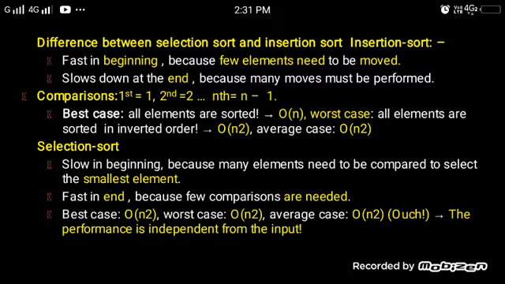In the best case, all elements are already sorted, which is order of n. The worst case is when elements are in inverted order, order of n squared, and the average case is also order of n squared. This is the comparison between selection sort and insertion sort. Selection sort is slow in the beginning because many elements need to be compared to select the smallest element.